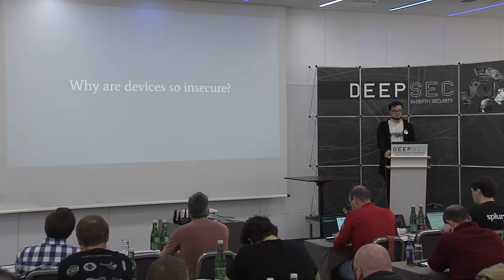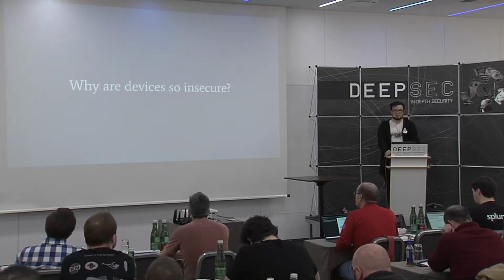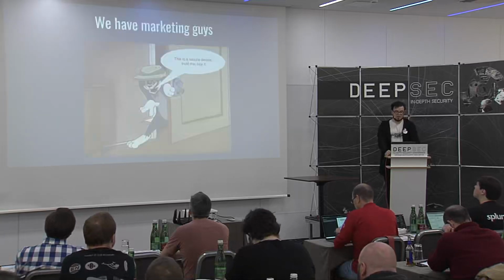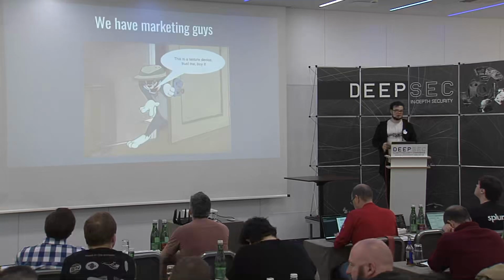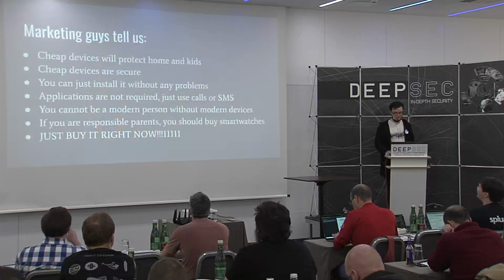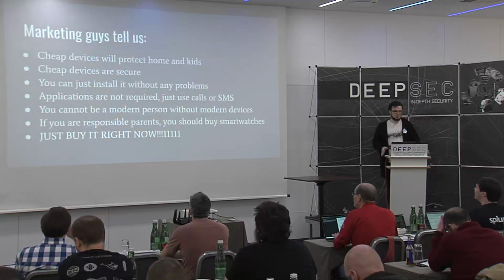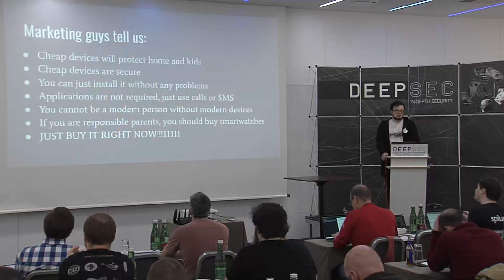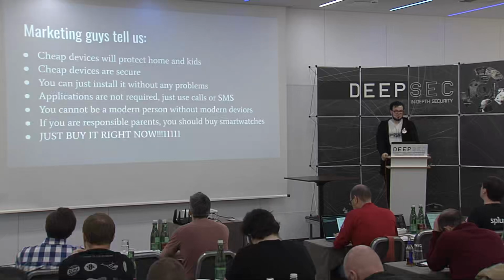But why are the devices so insecure? Why do they have a lot of different problems? Because firstly, we have a lot of marketing guys. And marketing guys told us that cheap devices will protect your property and kids. They will help you to control your home and save electricity and save money.